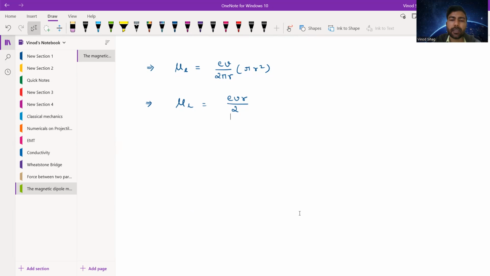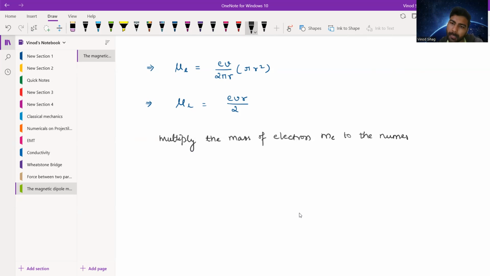If we multiply the mass of electron, Me, in the numerator and denominator both, then what will we get?